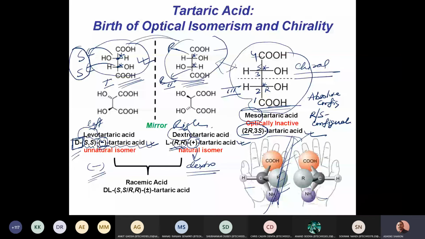And if I say, for example, suppose you have a compound, can you tell me this is capital R or capital S?